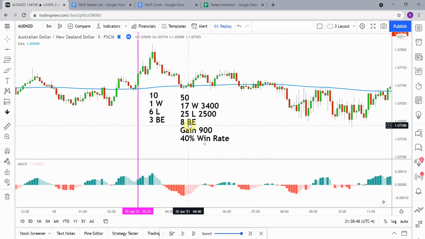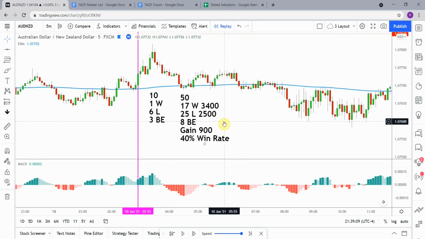And so obviously the 8 break even reduces the number of trades in theory that we would have taken. Of course, those would have cost you a little bit in spreads, but other than that, like I said, they're just kind of a wash altogether.